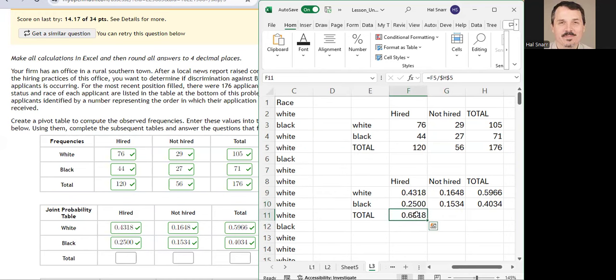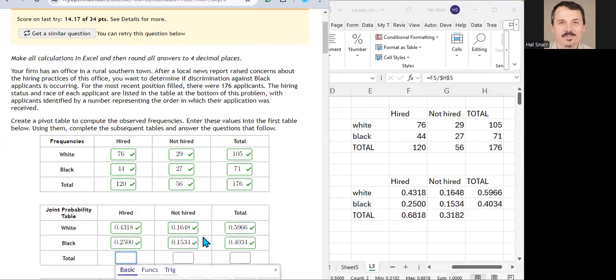And when we double click on this, we see that here we're looking at the total number hired, 120, divided by the total. So this is the probability of being hired. And this is the probability of not hired. And those add to 1, right? So that is a third frequency distribution, 0.6818 and 0.3182.